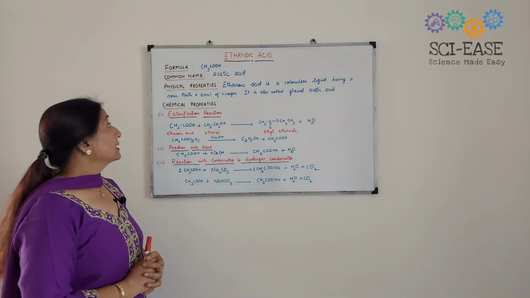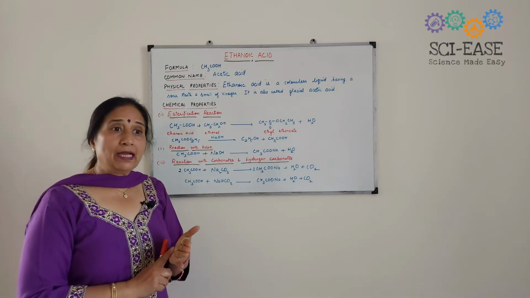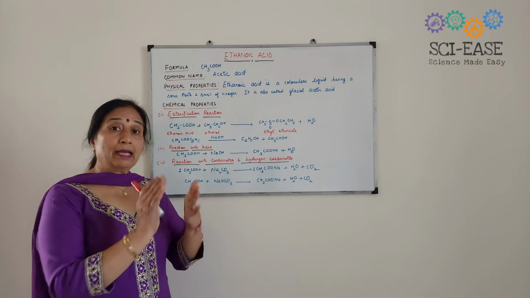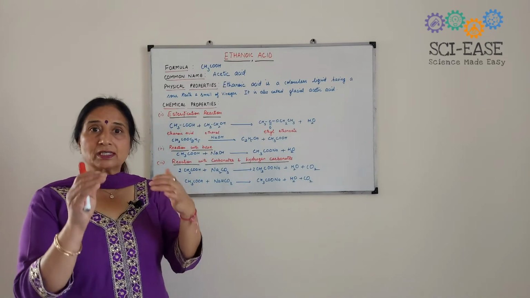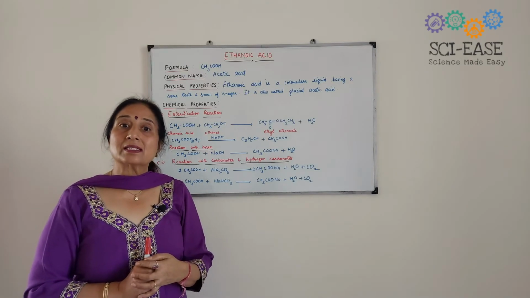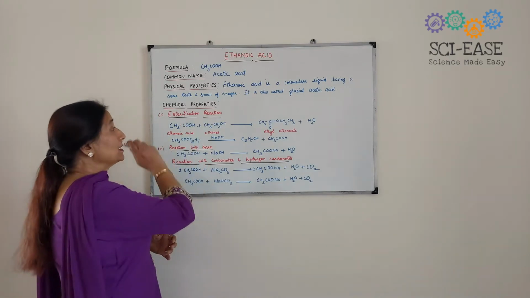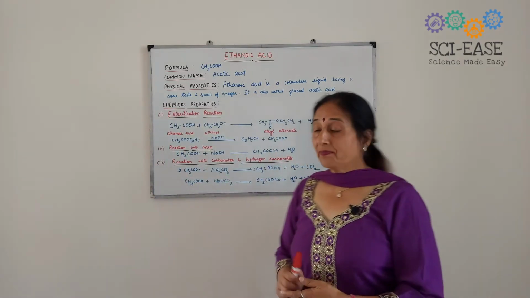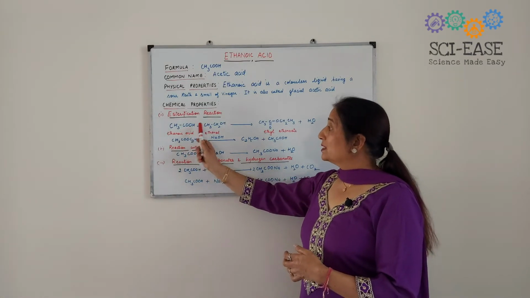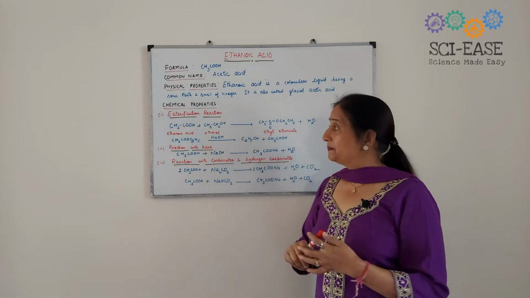Next, the chemical properties, which are very, very important, and sometimes they are asked in terms of name reactions. First chemical property, that is the esterification reaction. What is the esterification reaction? This reaction can be used with ethanol also in the formation of esters.